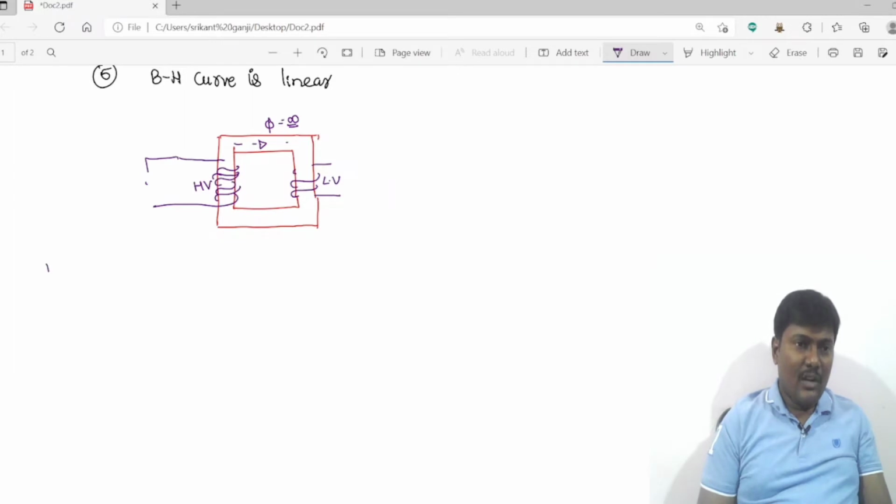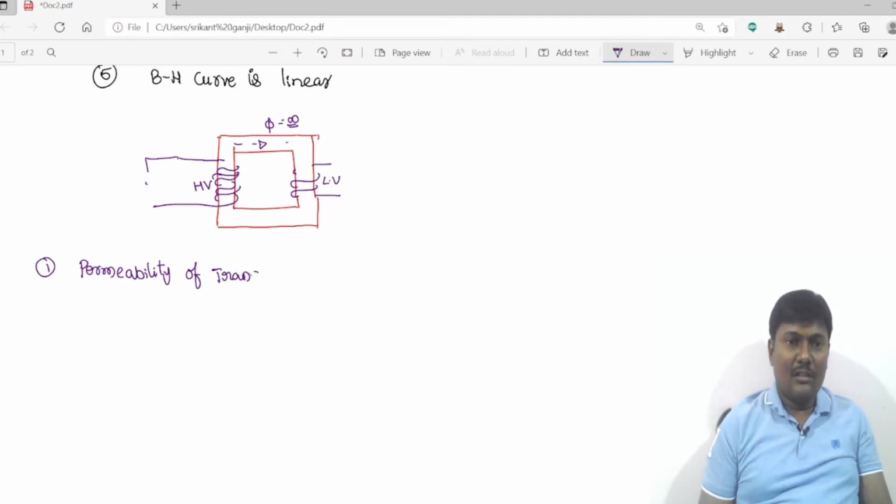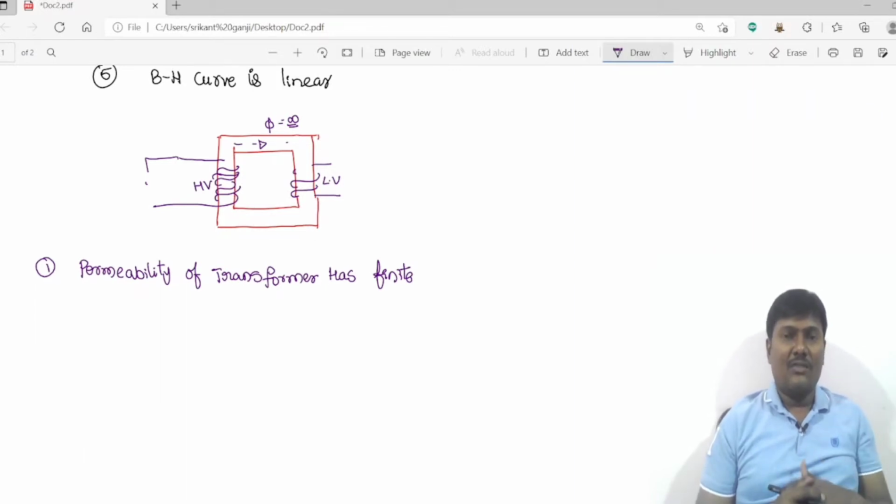That's why the permeability of the transformer core has a finite value in practice. In an ideal case, the permeability of the transformer core is infinity, but coming to the practical case, the transformer core has finite permeability.